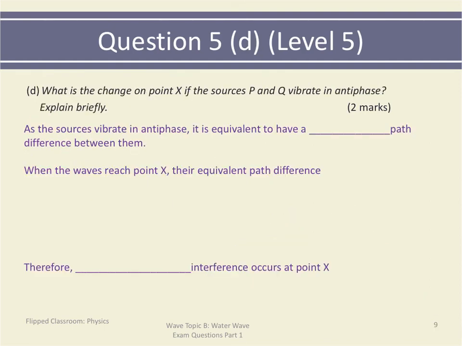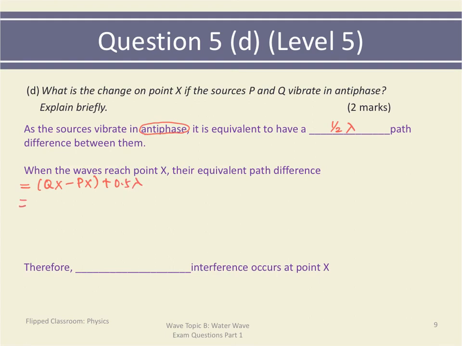Okay, we go to part D. What is the change at X if the sources P and Q are vibrated in antiphase? As the sources vibrate in antiphase, at the beginning it is equivalent to a half lambda path difference between them. So when the waves reach the point X, the equivalent path difference is the original one, QX minus PX, plus half lambda.